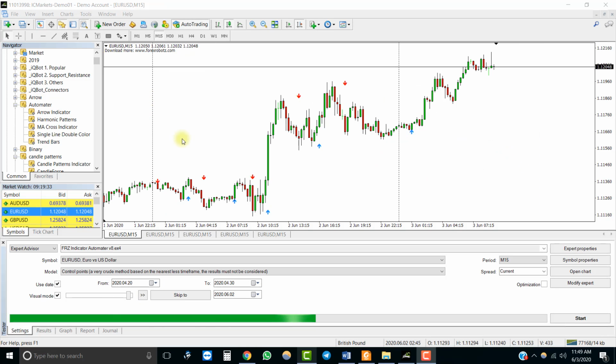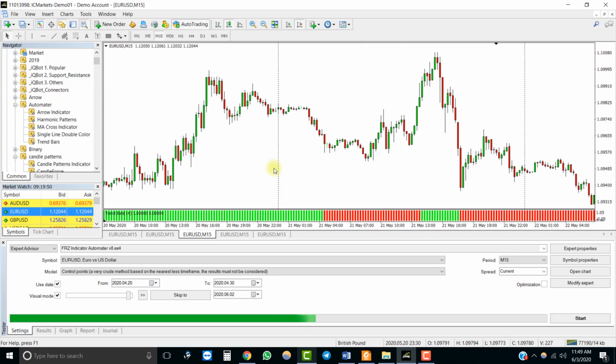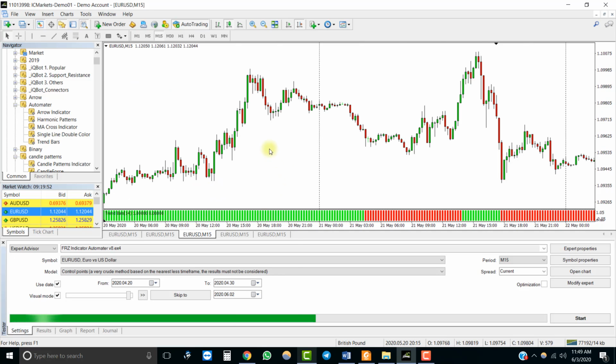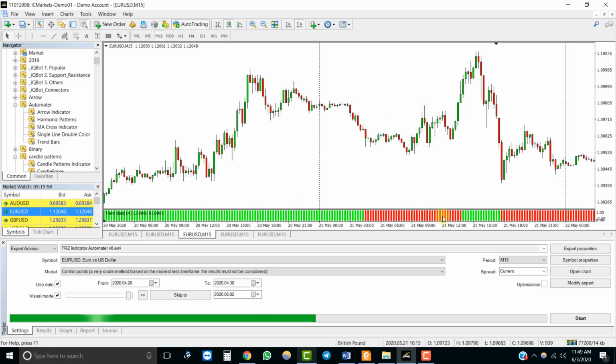Now let's see how we can use a second indicator to filter out the signals of the first indicator. For instance, we can use an indicator like this or an indicator like this to filter out the signals from the main indicator. This trend bars indicator shows the overall trend of the market.